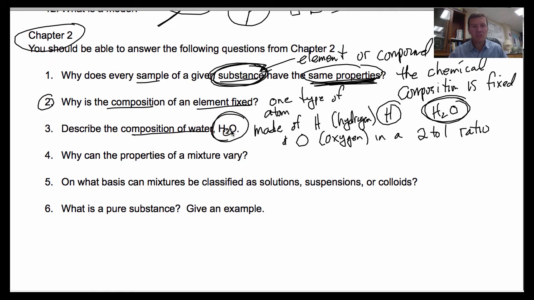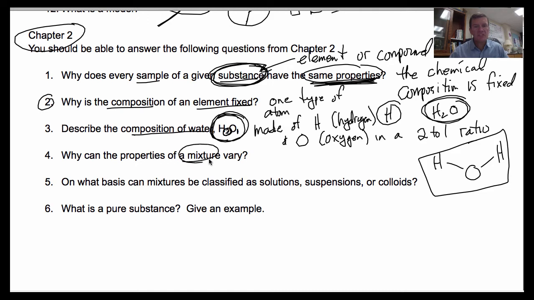Always 2 hydrogens to just 1 oxygen. That's always the ratio in which that compound is bonded, that's how they're held together. It kind of looks like this. Here's an oxygen atom, here's a hydrogen, here's another hydrogen, and they're bonded together always in that ratio. That is a model of a water molecule right there.